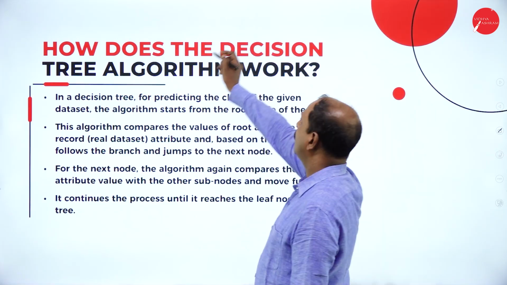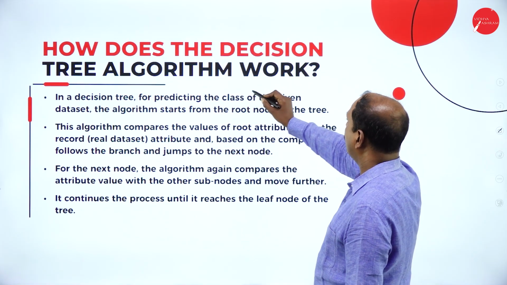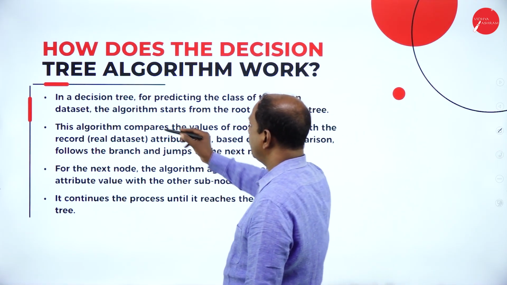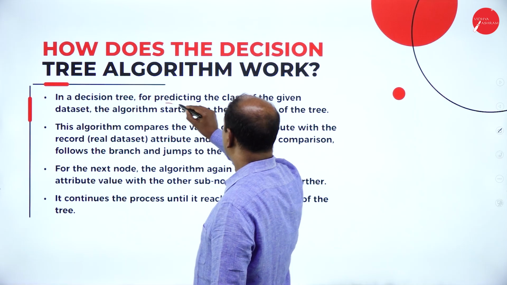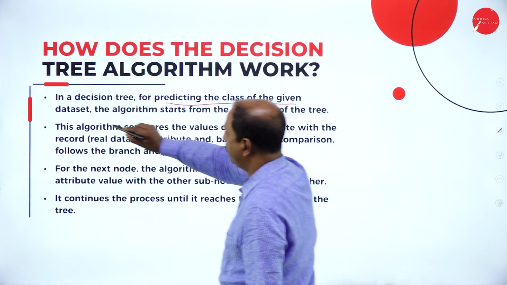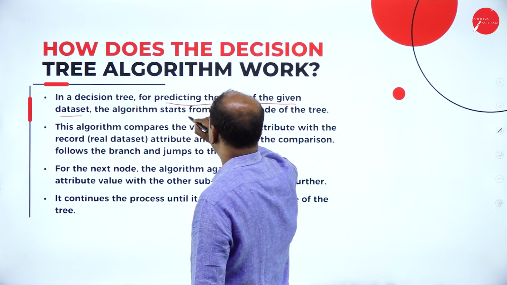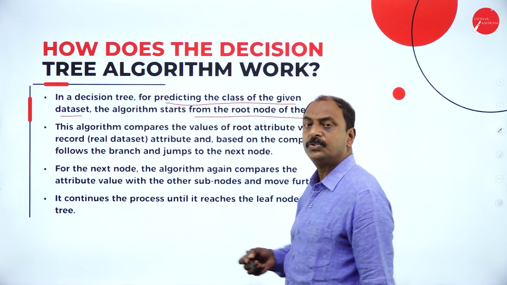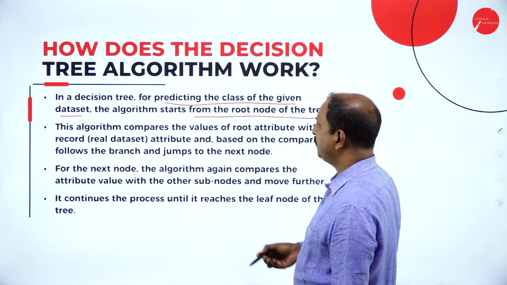Now let us see how the decision tree algorithm works. First, in a decision tree, for predicting the class of the given data set, the algorithm starts from the root node of the tree. So what is the purpose of using this decision tree?